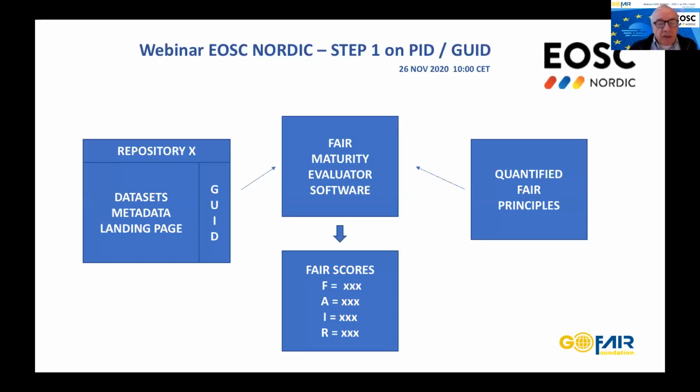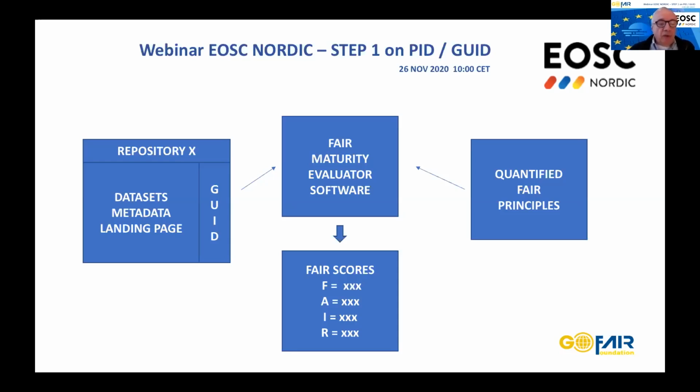A basic requirement for a successful FAIR machine actionable evaluation is that the data repository provides a GUID, a globally unique, persistent, resolvable identifier for these data sets.